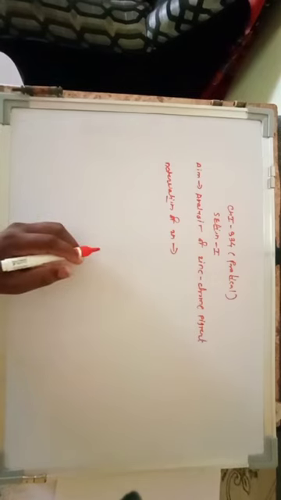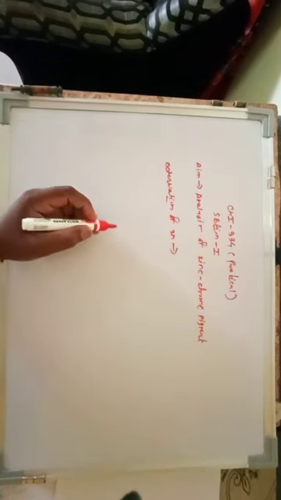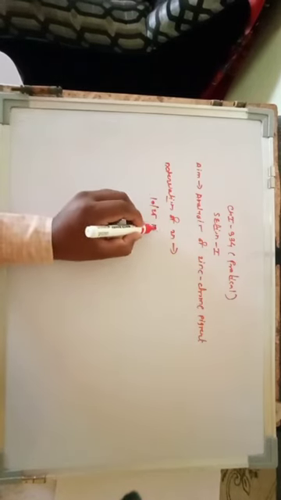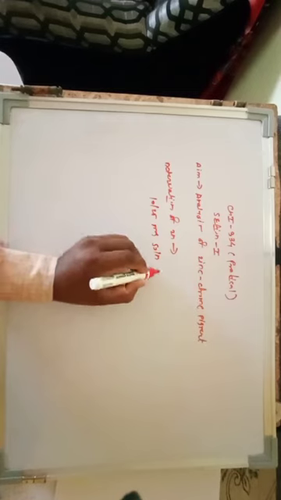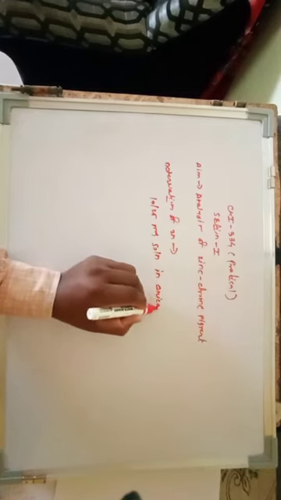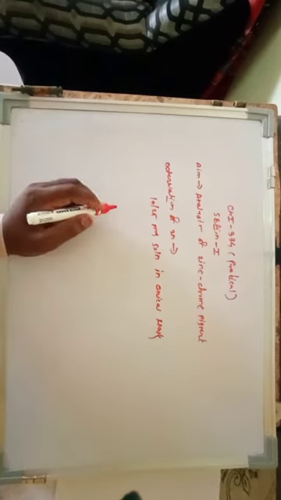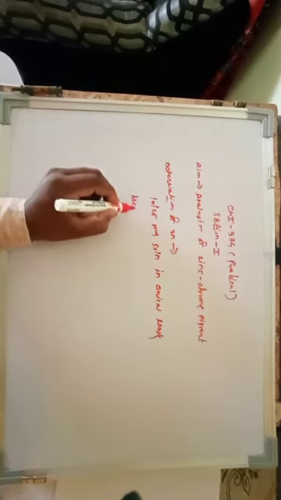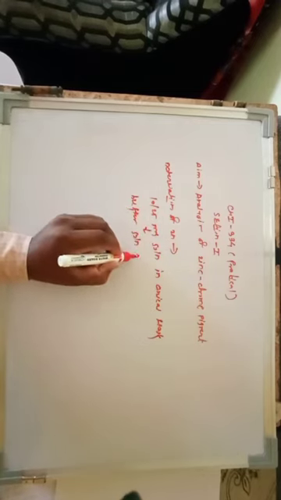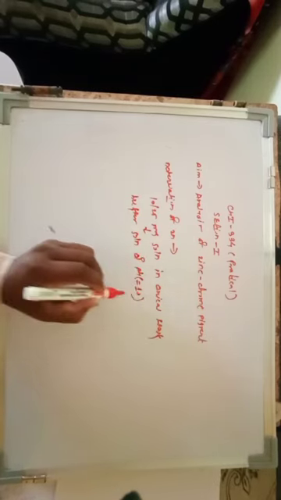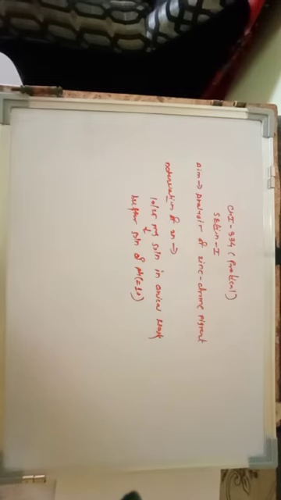So I collect the solution in 100 ml. I take 25 ml of diluted solution in a conical flask, then add a buffer solution of pH 10, and then add Eriochrome Black T as an indicator.